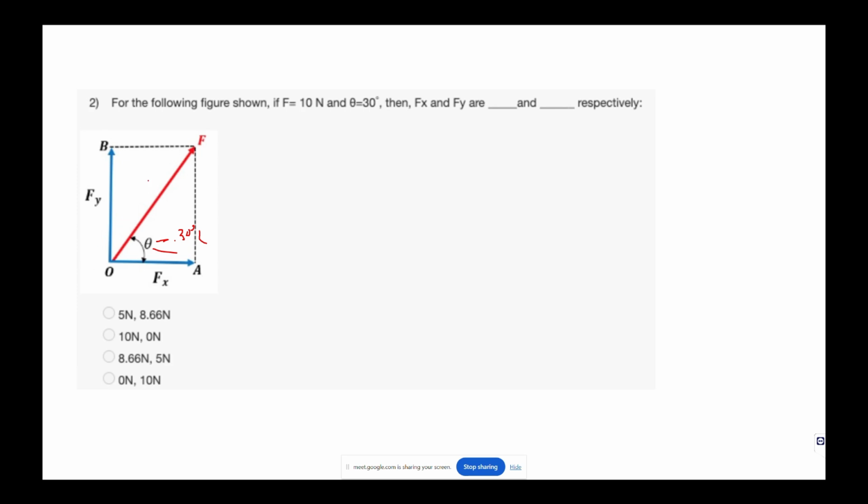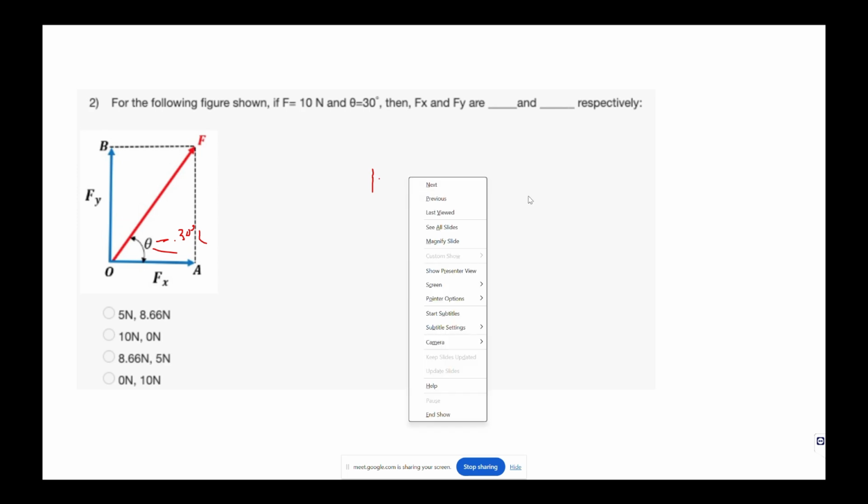You guys should have seen the derivation for that. Fx is F cos theta and Fy is F sin theta.